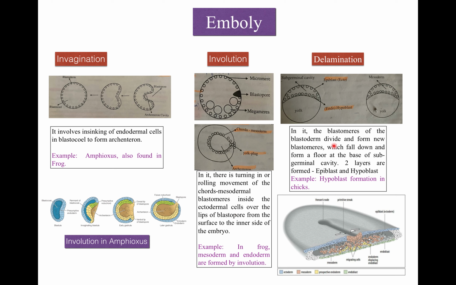Now delamination. In delamination, the blastomeres of the blastoderm divide and form new blastomeres, and they fall down and form a floor at the base of subgerminal cavity, and two layers are formed, that is epiblast and hypoblast.